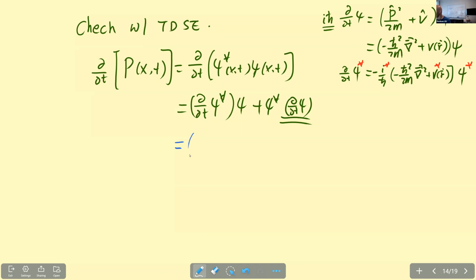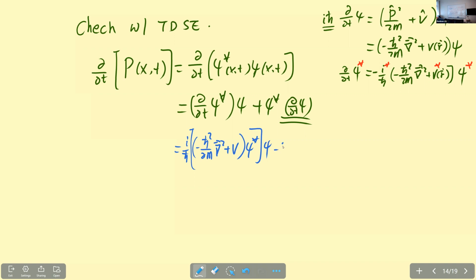So one is plus i over h bar, the complex conjugate, i over h bar, and then minus, and then times psi.